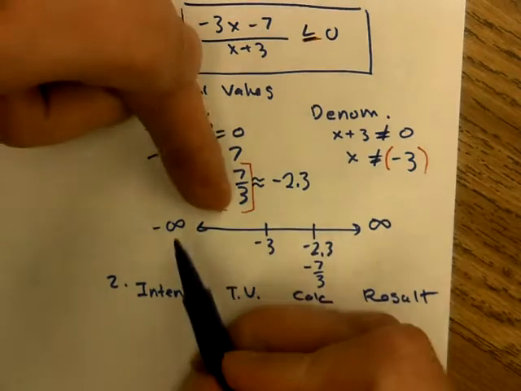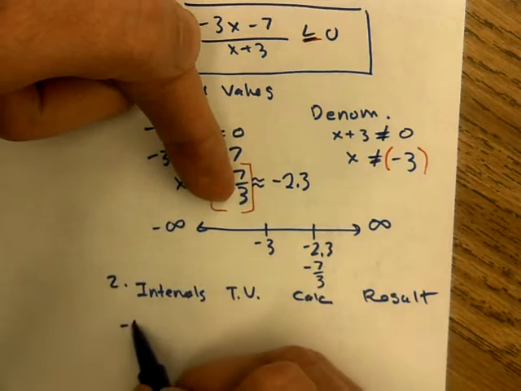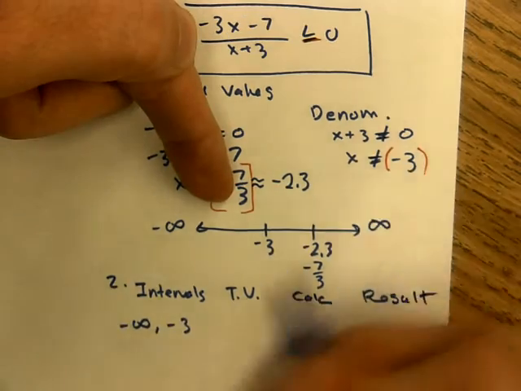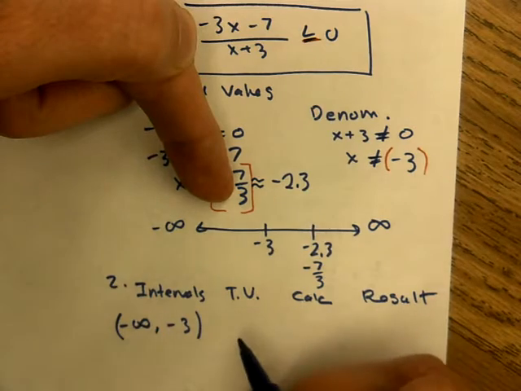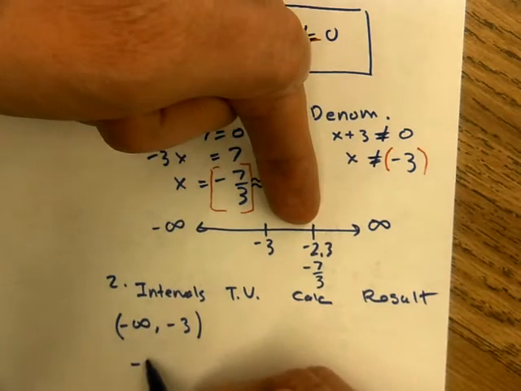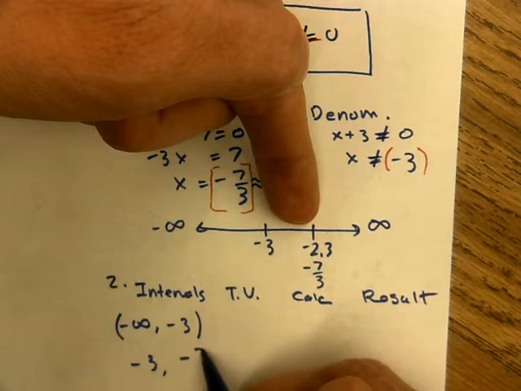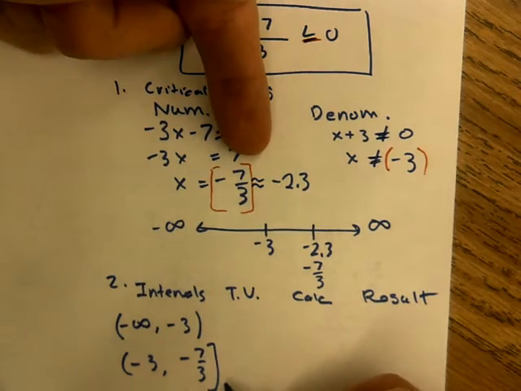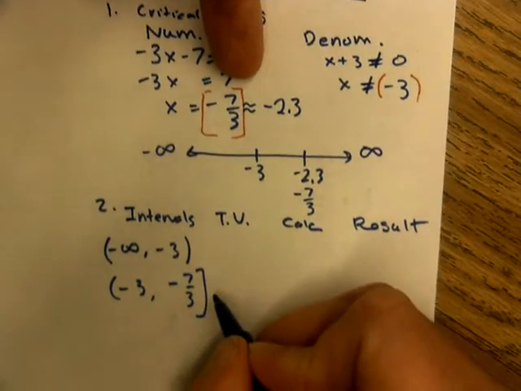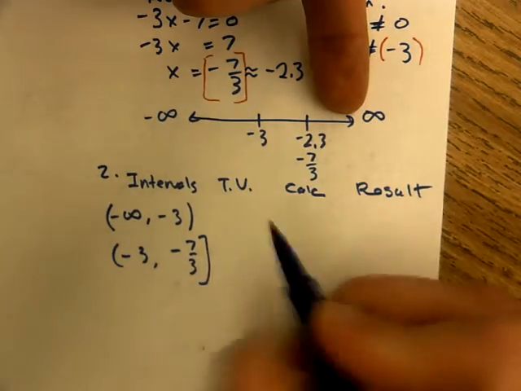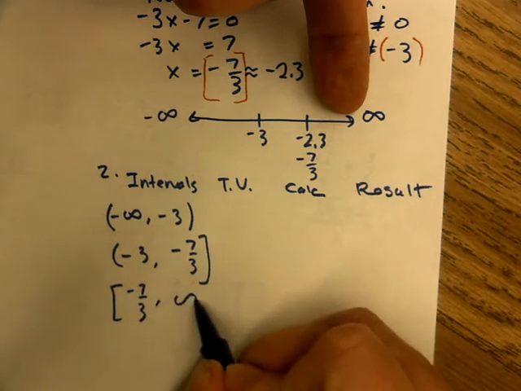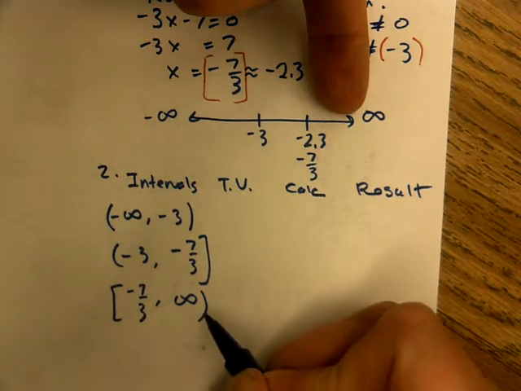So my intervals are going to go from -∞ to -3. Again, a rounded bracket around the -3. And then from -3 to -7/3. Again, square bracket around the -7/3. And then my third interval is from -7/3 up to +∞. All right.